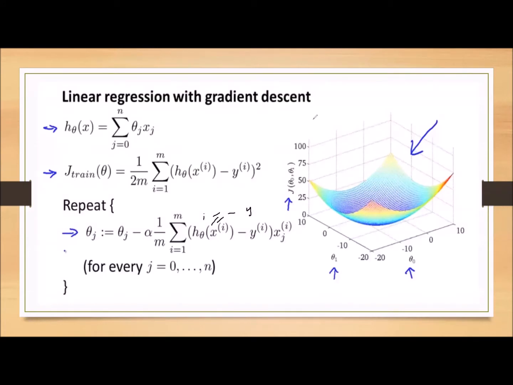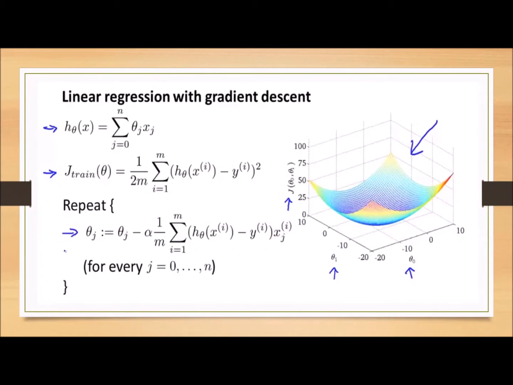We add those errors, then take the average and multiply with alpha. This is a computationally expensive process because for one step we are using 10 crore samples, and we have to do this for a number of iterations to find the minimum of the cost function.